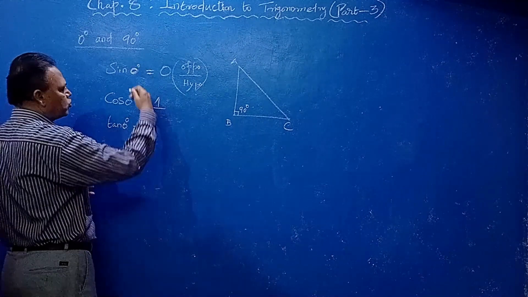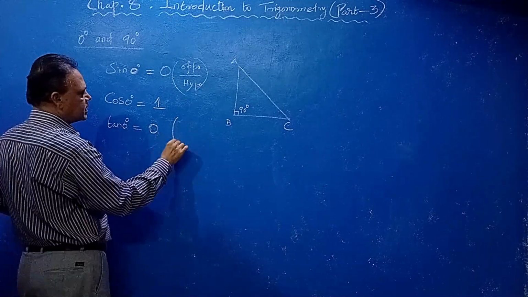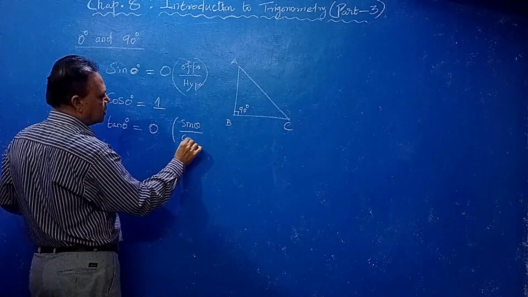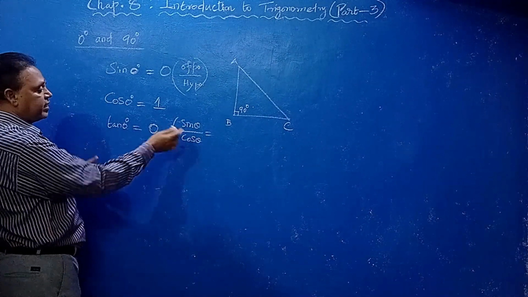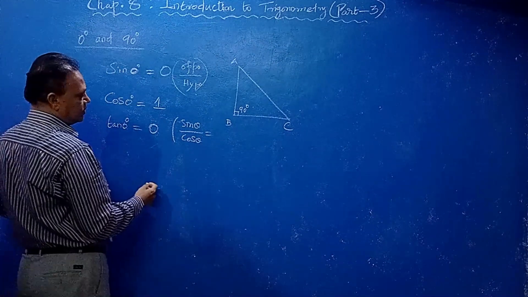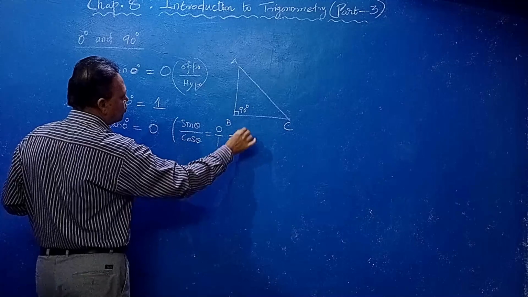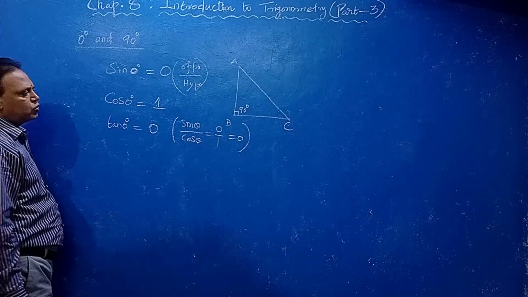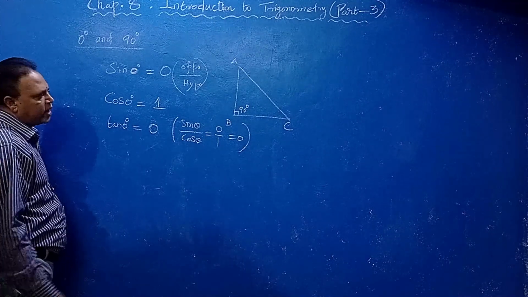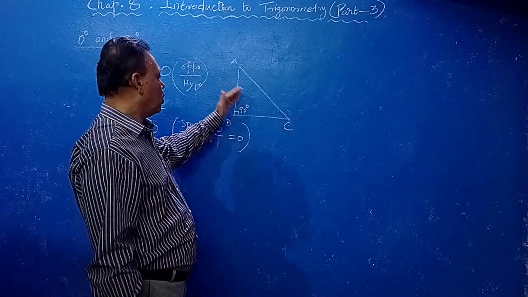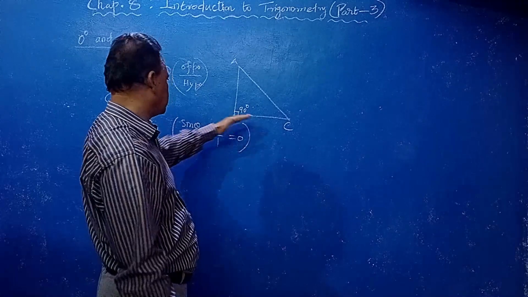Tan 0 is sin theta by cos theta, that is the formula to remember. Dividing both, we get 0 by 1, which is 0. There is no opposite side, no perpendicular, so 0. 0 by base is 0. Like that also you can remember.